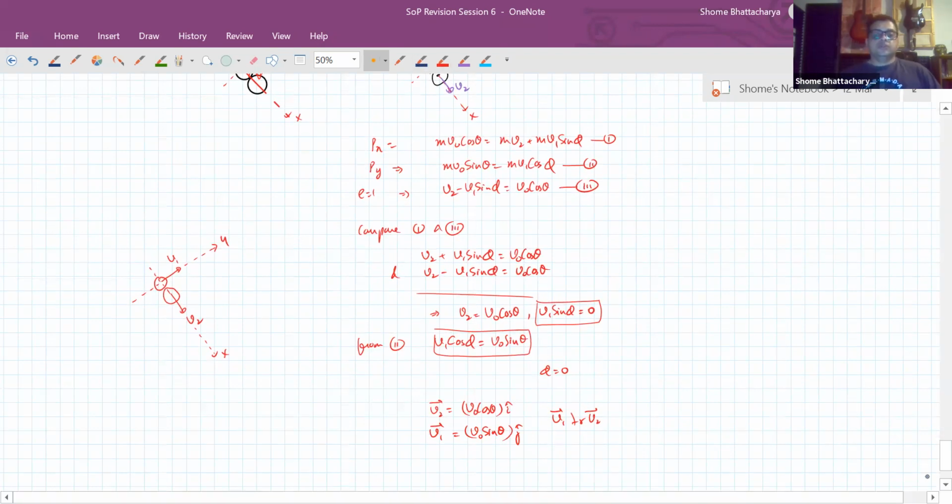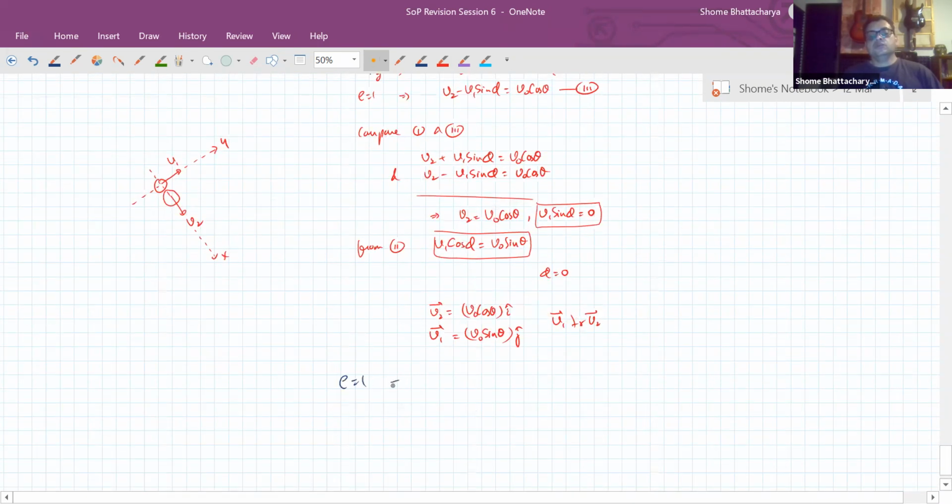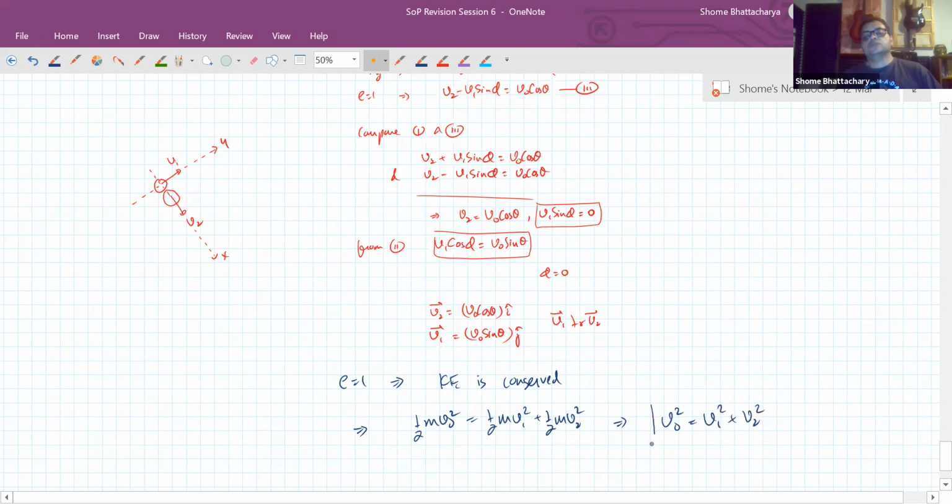Now, another way to interpret the same thing is that e equal to 1 also implies that kinetic energy is conserved during the collision. So, half m v0 squared equals the final kinetic energy, so we have the relation that v0 squared is equal to v1 squared plus v2 squared.